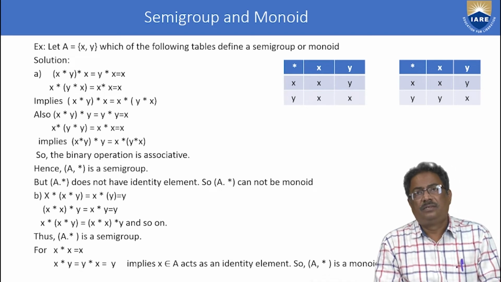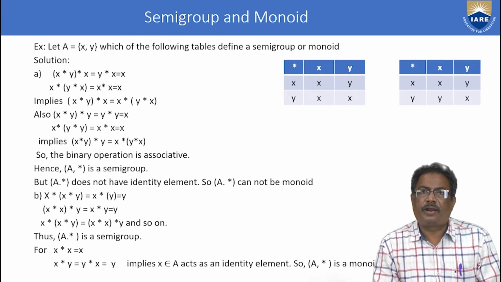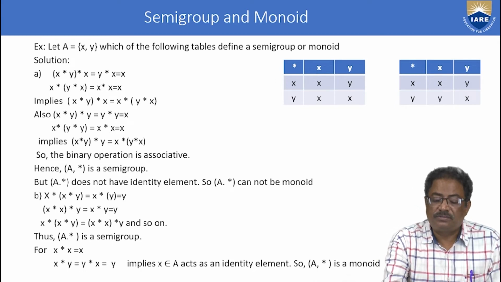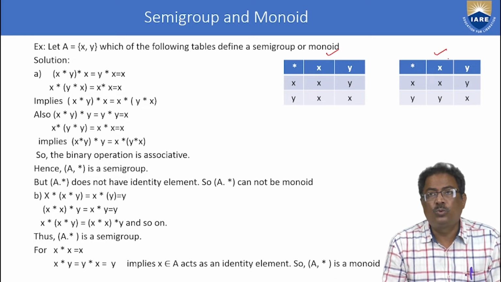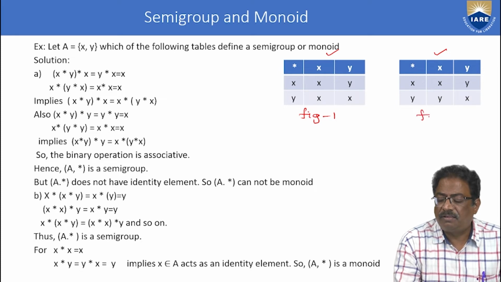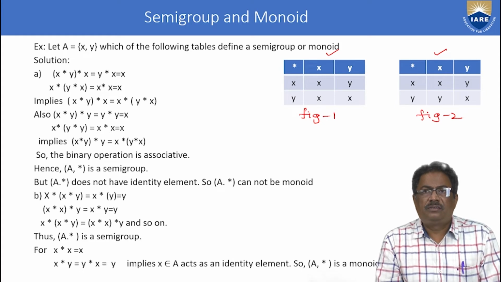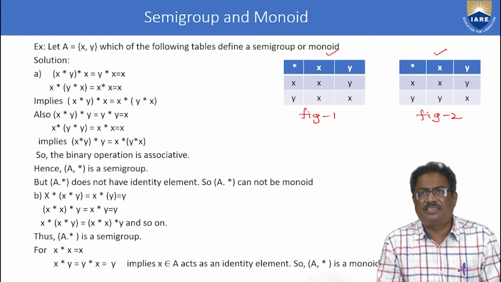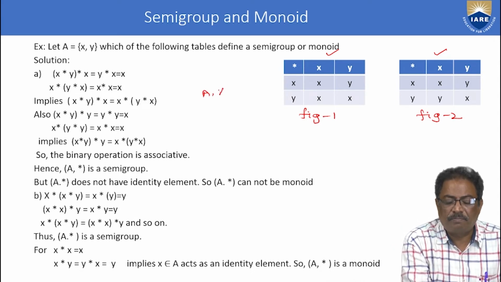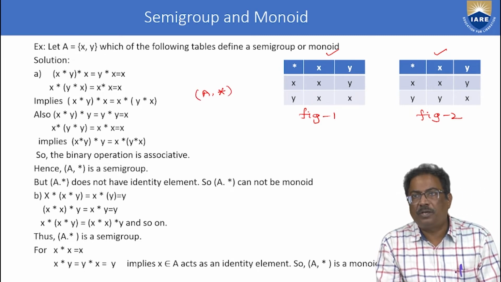Now let us go for the problems on semigroup and monoid. See here, the binary operation is given in the tables. Let us say this is figure 1 and this is figure 2. From the first figure we have to verify whether the algebraic structure (A, *) is a semigroup.